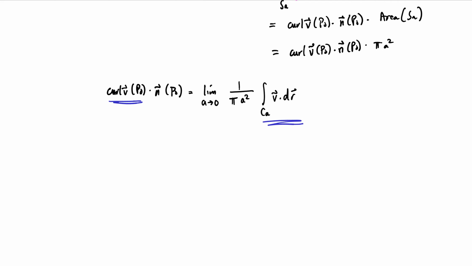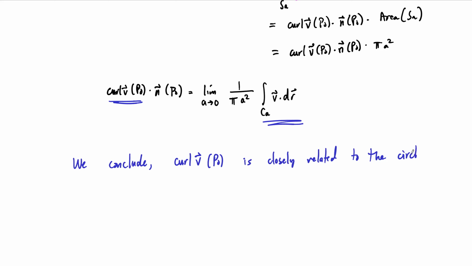And so what we can conclude then, by this Stokes Theorem argument, is that the curl of this velocity field at any point p naught is related to the circulation of the flow in the plane that is perpendicular to the normal vector.